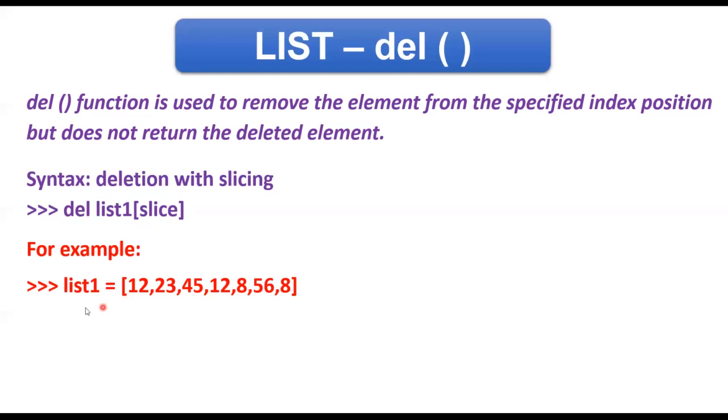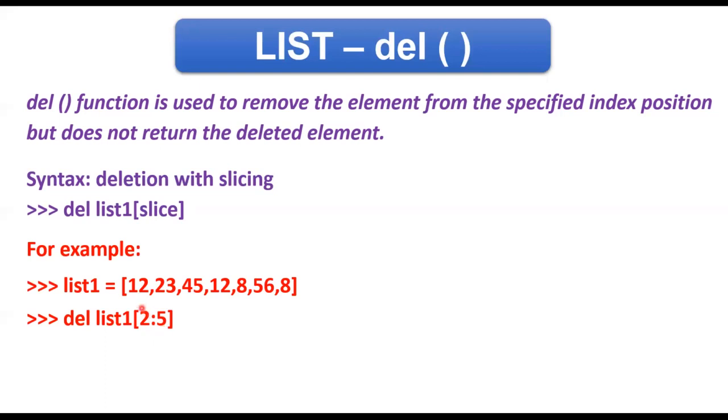For example, list1, this is my list of some elements. Now, if I say del list1[2:5], so 2 is my starting location from where I want to delete the element, and 5 is my ending location till where I want to remove. And we know that my end location is always written as +1. That means basically 2, 3, and 4, three elements we are going to remove.